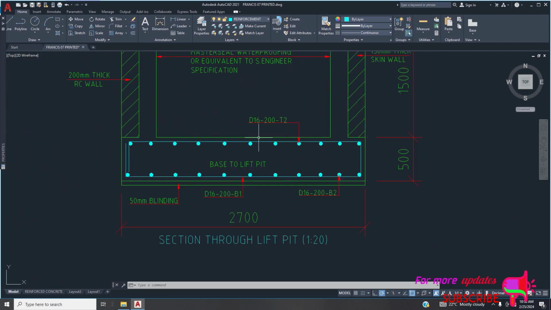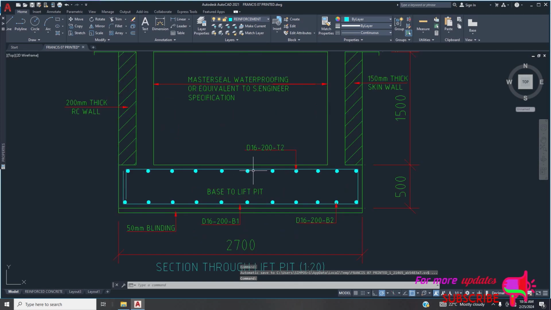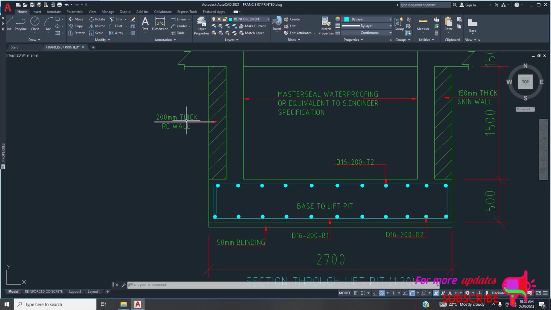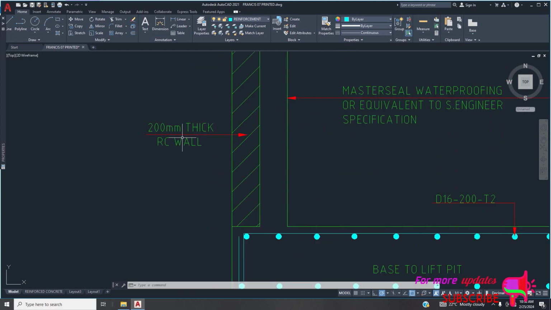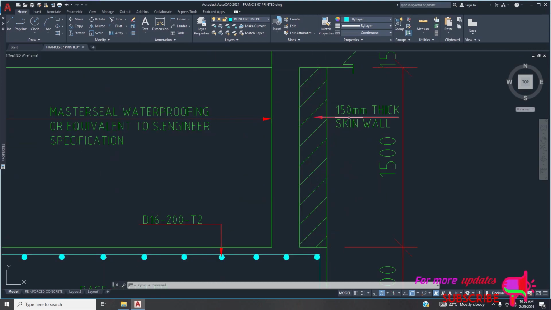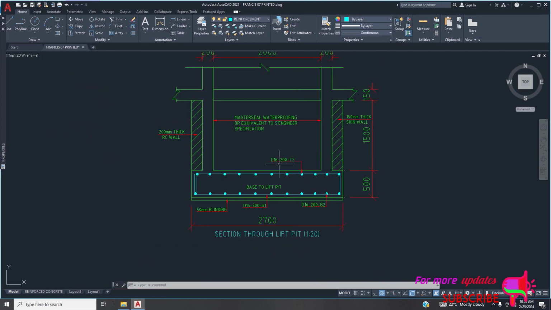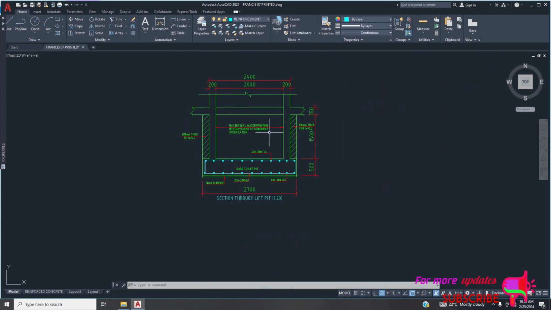So you can see my foundation, my raft foundation for the lift core is 500 by 2700, and it has both top and bottom reinforcement, that is T16. At the foundation level we have a 150 millimeter thick skin wall, and the reinforced concrete wall is 200 millimeter thick.